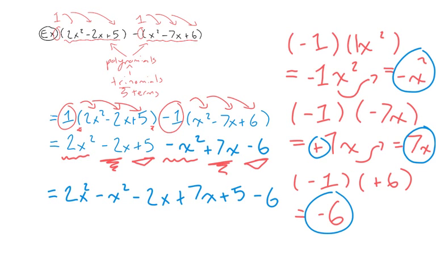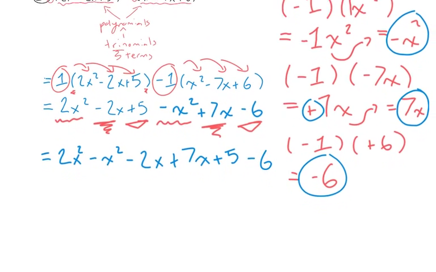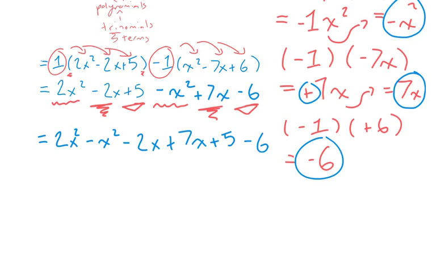Before we simplify this, let's go ahead and create some space for ourselves. We are going to simplify 2x² subtract x². That becomes x². Next up, we're going to do −2x plus 7x. That is going to become positive 5x.